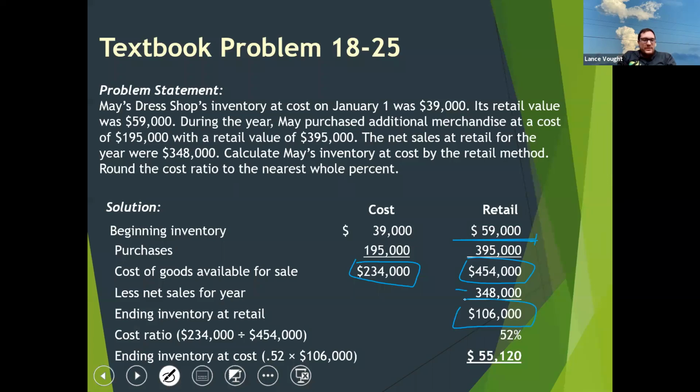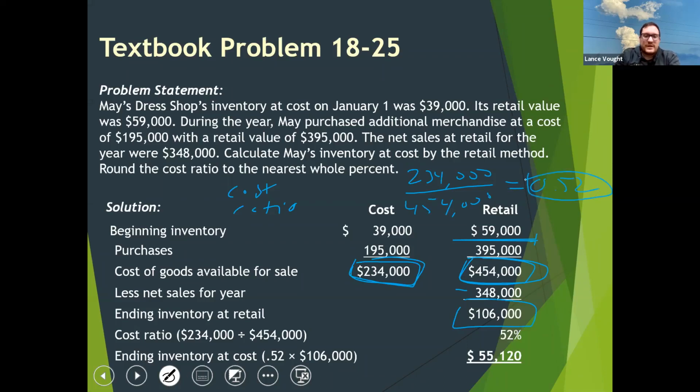In order to calculate your ending inventory, you have to calculate the cost ratio. The cost ratio is the relationship between the cost of the goods and the presumed retail value of them. So that would be 234,000 divided by $454,000. That gives us around 0.52.